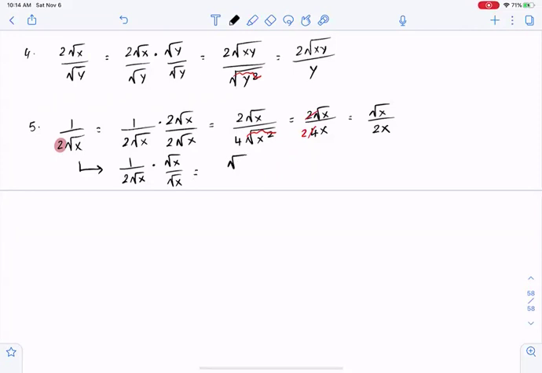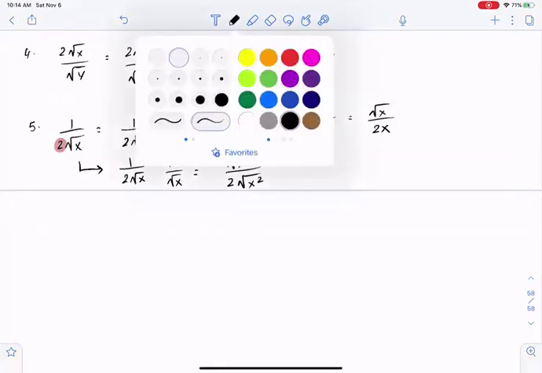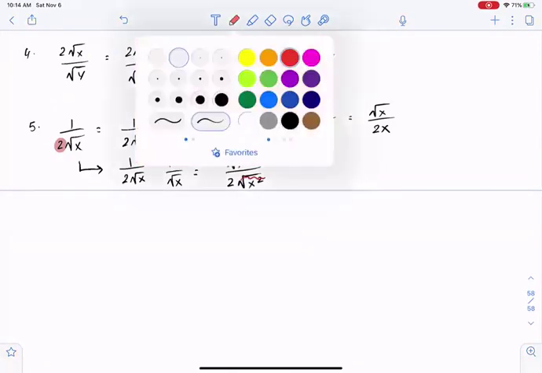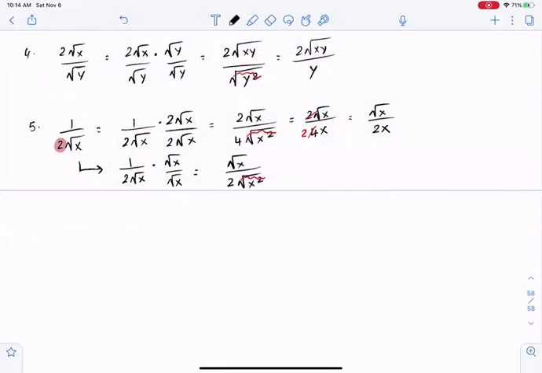So I will have root x divided by 2 square root of x times x, x squared. The root and the square will get cancelled. Root x divided by 2x. And you can see that is the exact same answer.